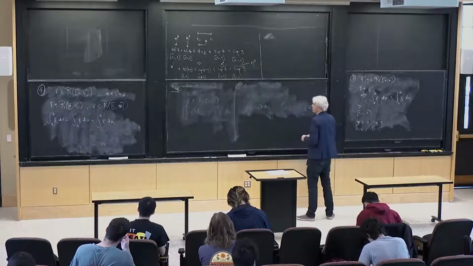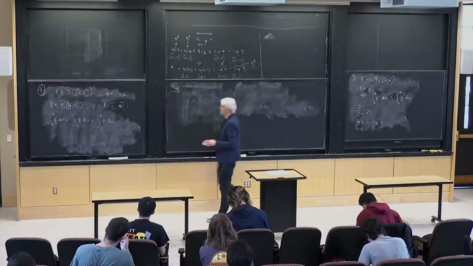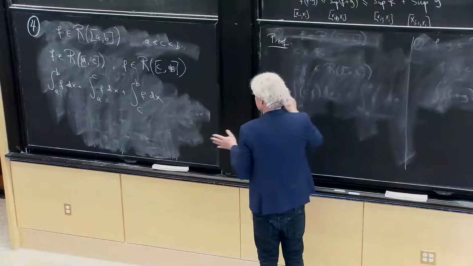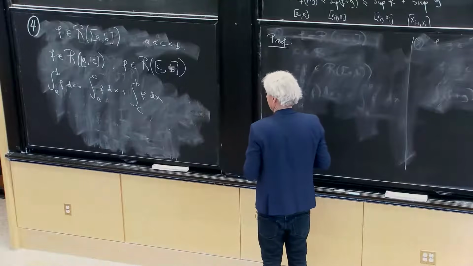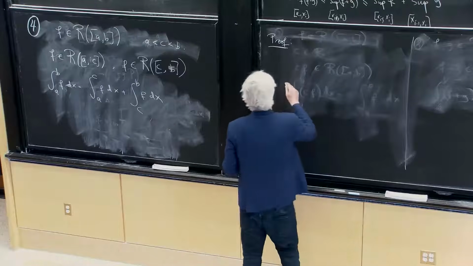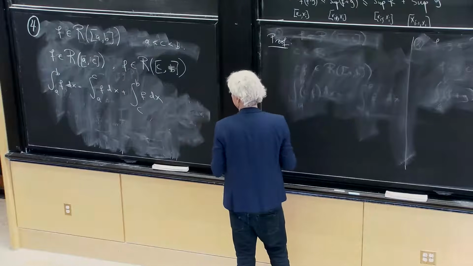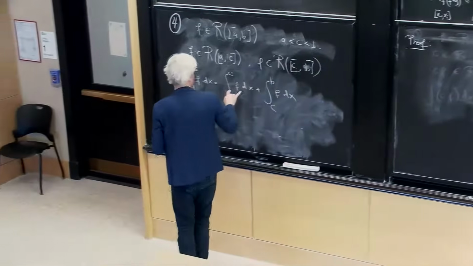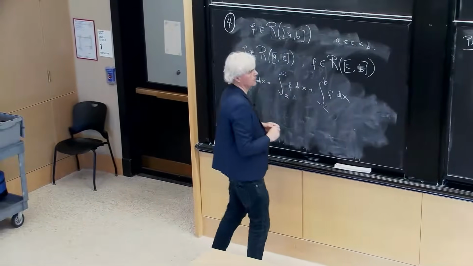In that proof, we will also see what that sum is equal to. I again use this lemma from before, that all I need is, for a given epsilon, to find a partition so that the spread between the upper and the lower sum, for each of these two, is bounded by epsilon.